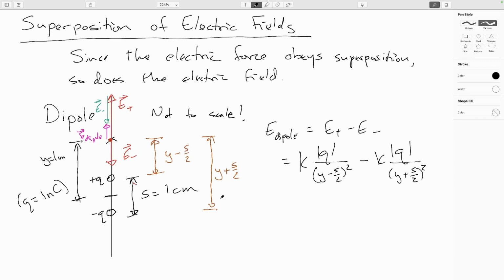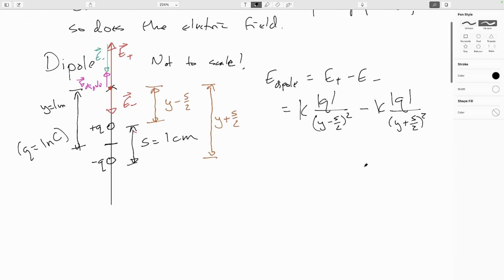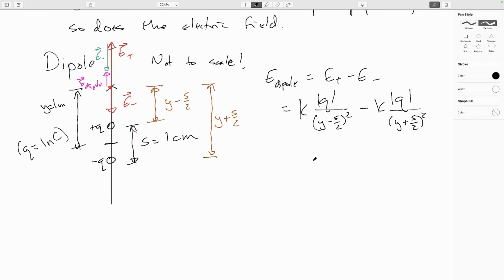Remember, the contribution to the electric field strength from any charge is going to be KQ over the square of the distance from that charge to the point of interest. And again, this minus sign is because they're working at cross purposes, so they're canceling each other out, although we can see it won't be a complete cancellation.